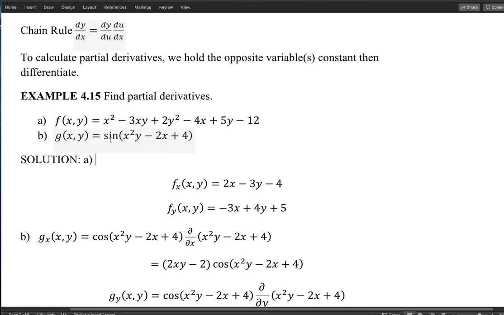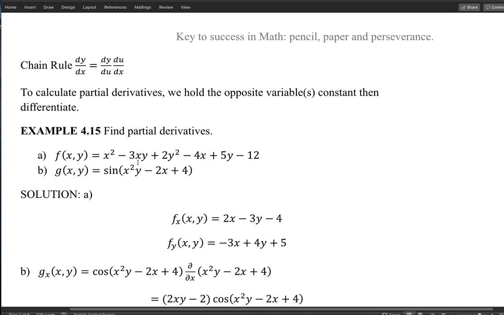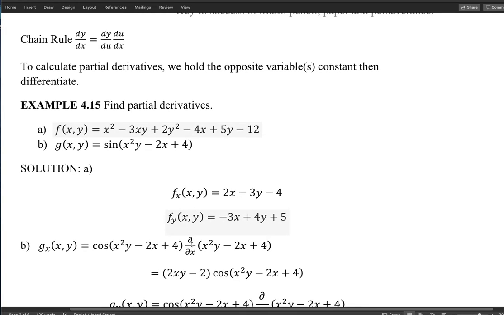First, the derivative of sine is cosine, so I got this part here. Remember the chain rule for derivatives: the chain rule still works for partial derivatives. So from the chain rule, we have to consider the derivative of the inner part, the partial derivative with respect to x. This cosine is from sine.